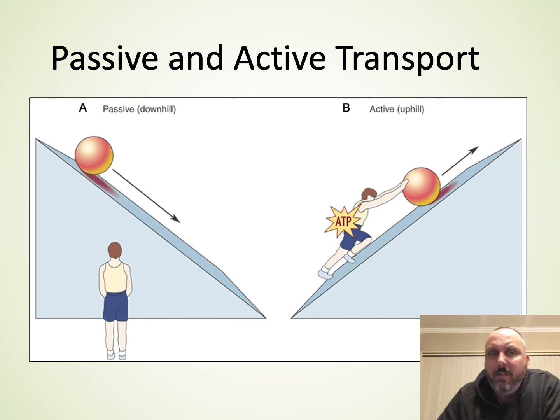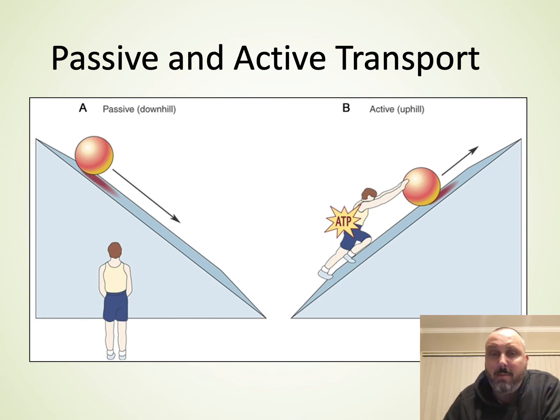So active is uphill, normally moving from low concentrations to high. This is where we physically need to add some energy. You'll see that little three-letter representation there, ATP. So remember, that's the energy currency within our body. ATP is used to get things to move against that natural gradient, whether that's concentration or pressure or temperature or whatever it happens to be.